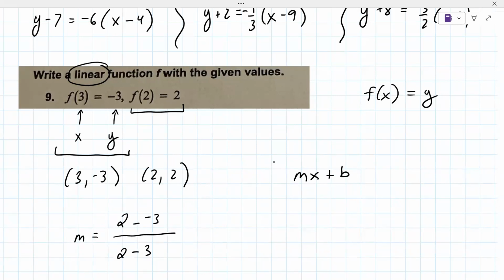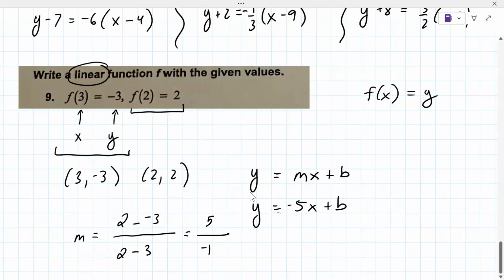Okay, so that's -5. So then f of x is equal to -5x, then the y-intercept.